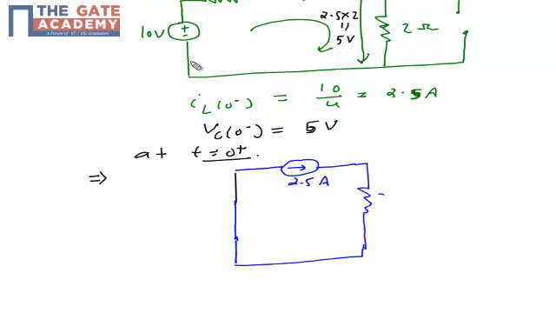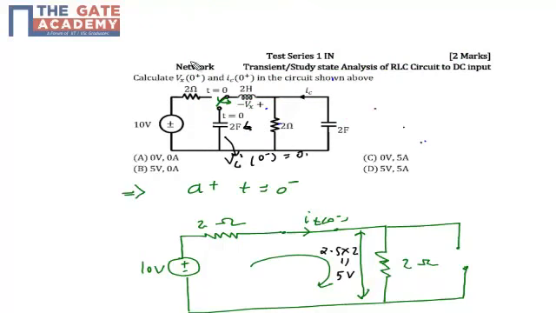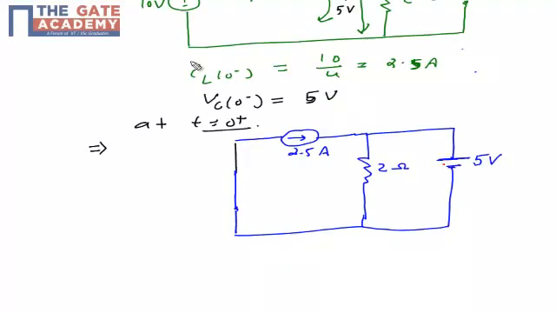There is a 2 ohm resistor in parallel with a capacitor with a battery source of 5 volt. Because my earlier capacitor was charged, it retains its polarity of plus and minus, because it opposes a sudden change of voltage. That's why the polarity of the battery is plus and minus.